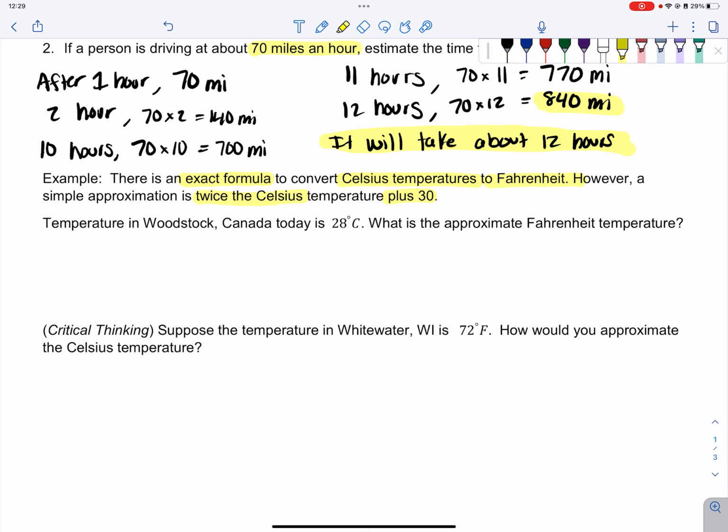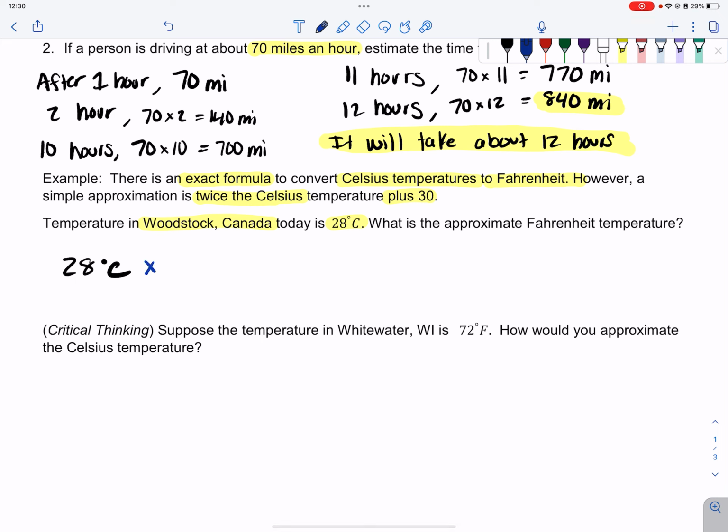So we have that in Woodstock, Canada, the temperature is 28 degrees Celsius. And we want to know what that would be in Fahrenheit, because that's how most of us here in the US understand temperature. So I can take the 28 degrees Celsius, and my approximation formula tells me that I need to take twice this.